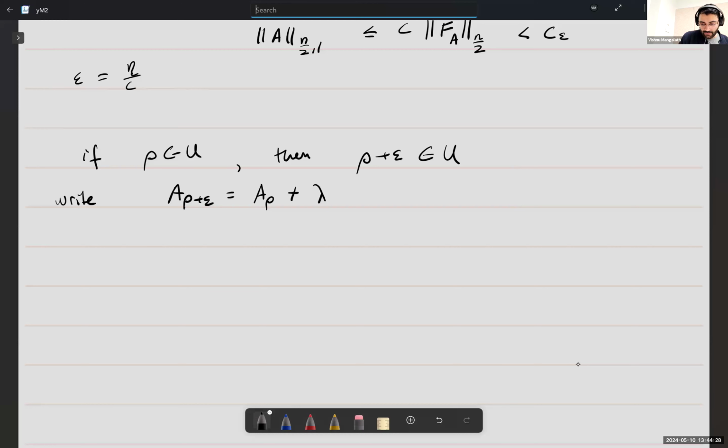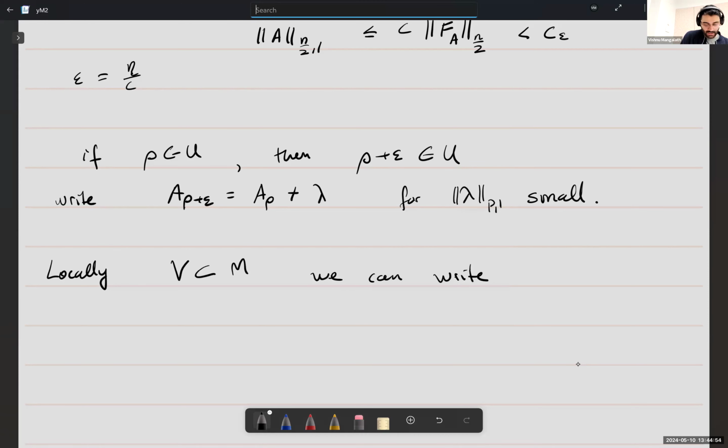Okay, so for lambda, let's say small. Locally, we can take some open neighborhood V in M. We can write a gauge transformation phi of P as the P times a map, where sigma is some kind of smooth map into the Lie group.